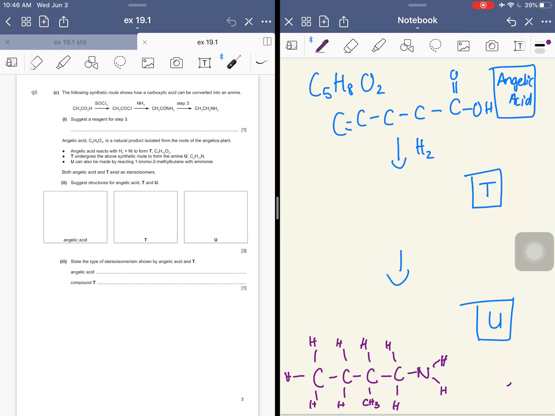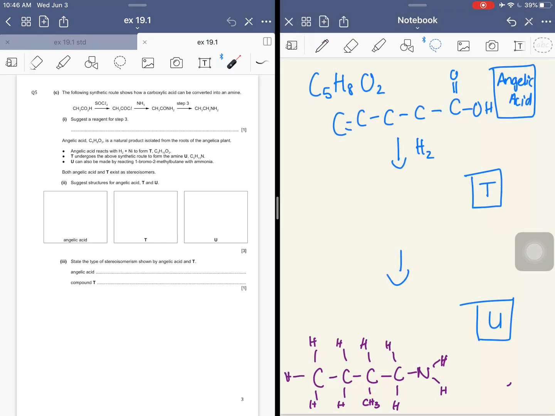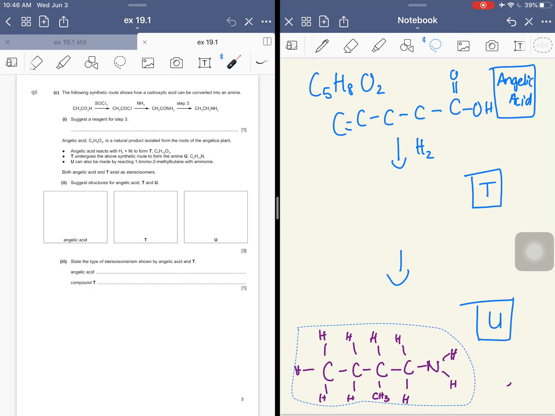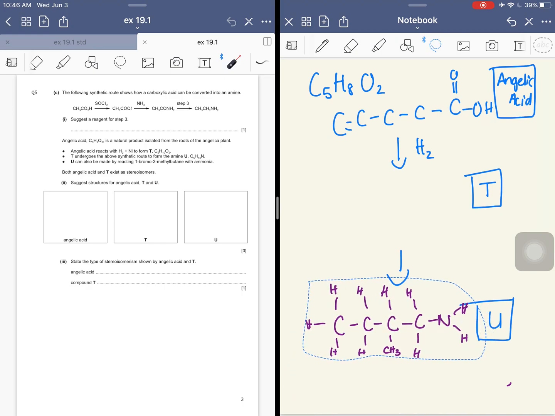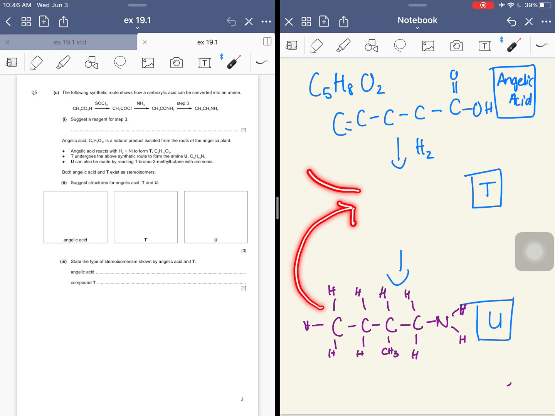Since I've already drawn this, I'm going to drag my drawing because I know it's confirmed that this is U. Then you can work from U, which is already confirmed. From U, you can work back what T is, and then you work back what angelic acid is. Both angelic acid and T exist as stereoisomers.